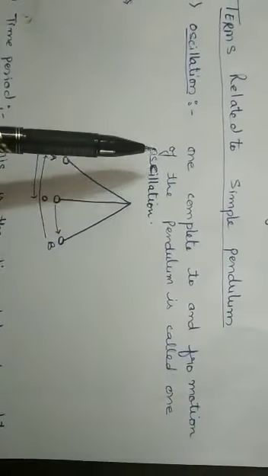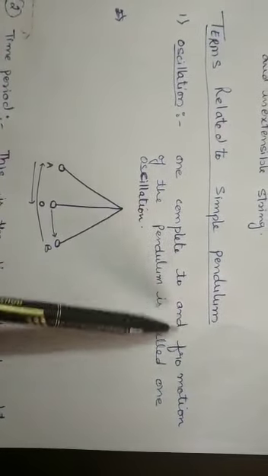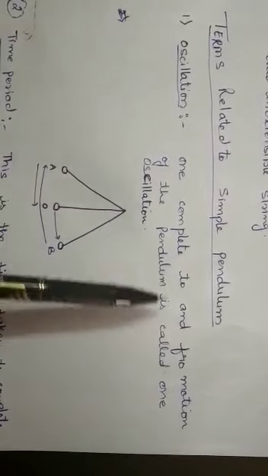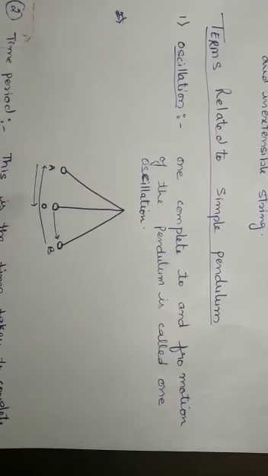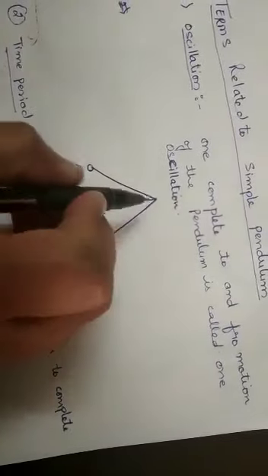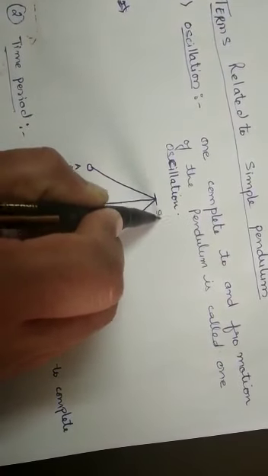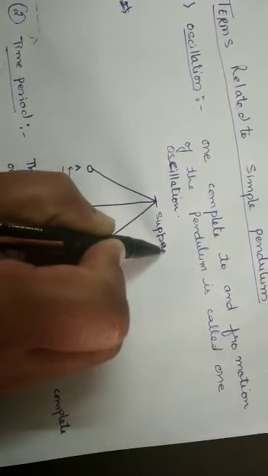What is one oscillation now? When it covers the distance from mean to extreme, then to another extreme, then back to mean, it is one complete oscillation. Now come to the diagram. One complete to and fro motion of the pendulum is called one oscillation. This is the fixed, rigid support.